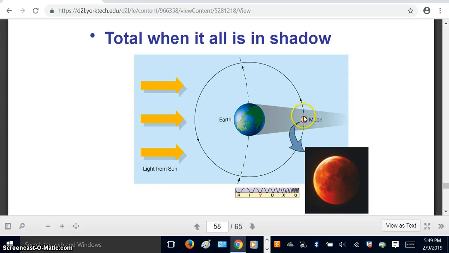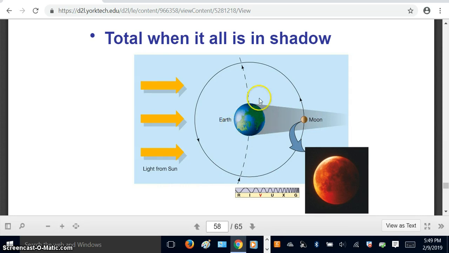All right. And I guess I should mention this as well. When the moon is in the Earth's shadow during a lunar eclipse, the moon actually does not completely vanish. It'll turn kind of reddish or orangish, and really that has to do with the Earth's atmosphere.